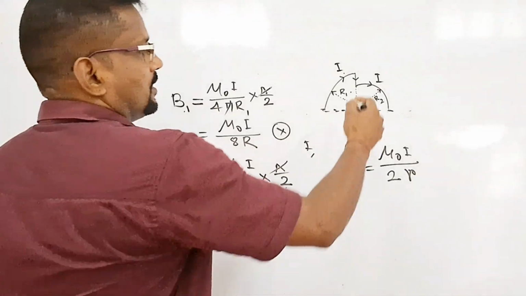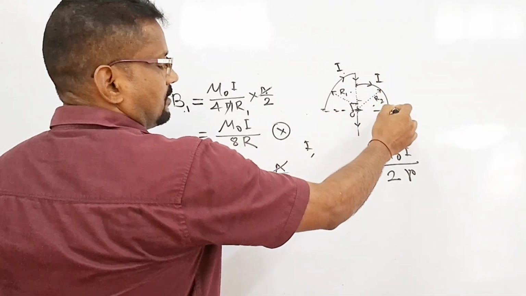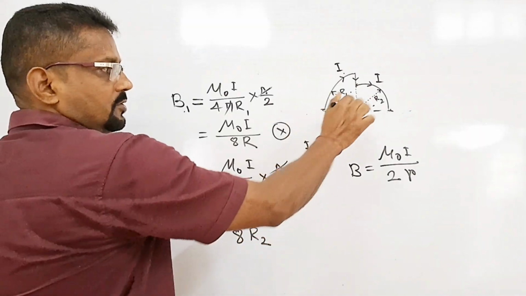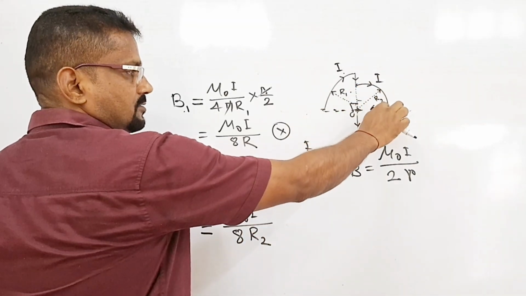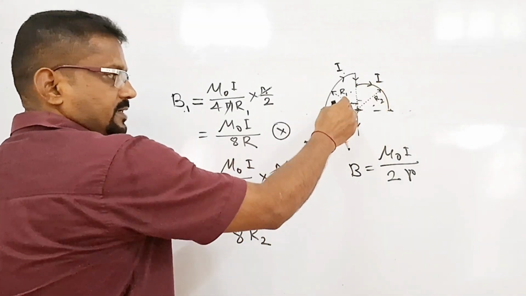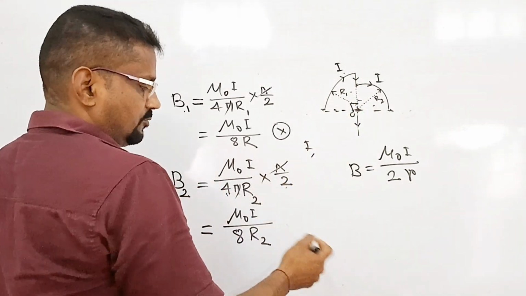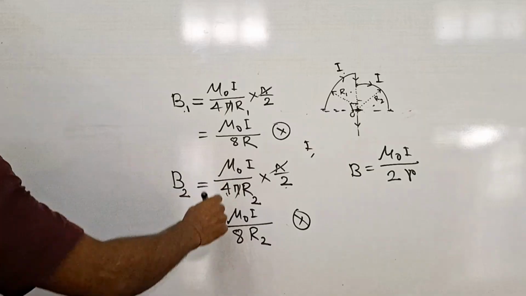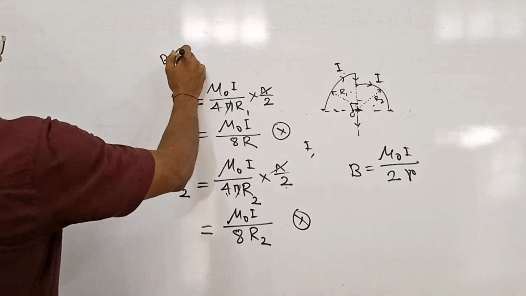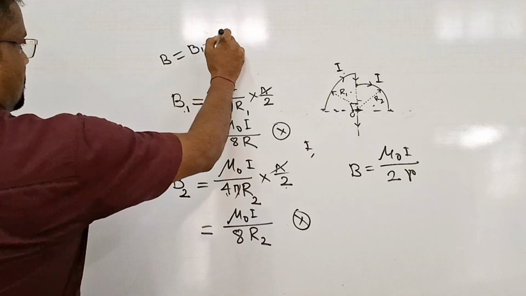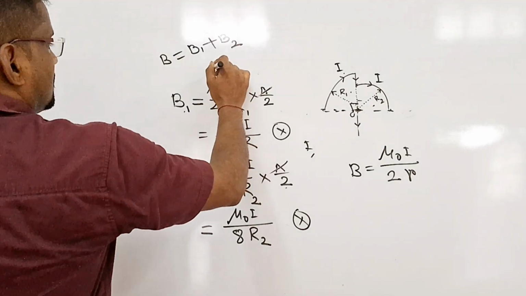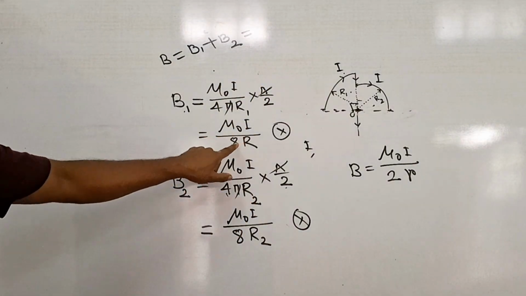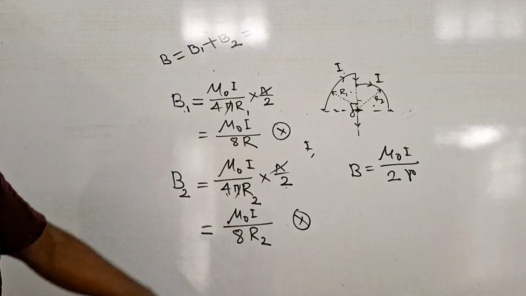Similarly, if you walk from here to here in the direction of the current, this point is to the right of you, so the field is cross. So we got the direction also. Now the total magnetic field, simply add: B equals B1 plus B2, that is equal to mu naught I by 8R1 plus mu naught I by 8R2.